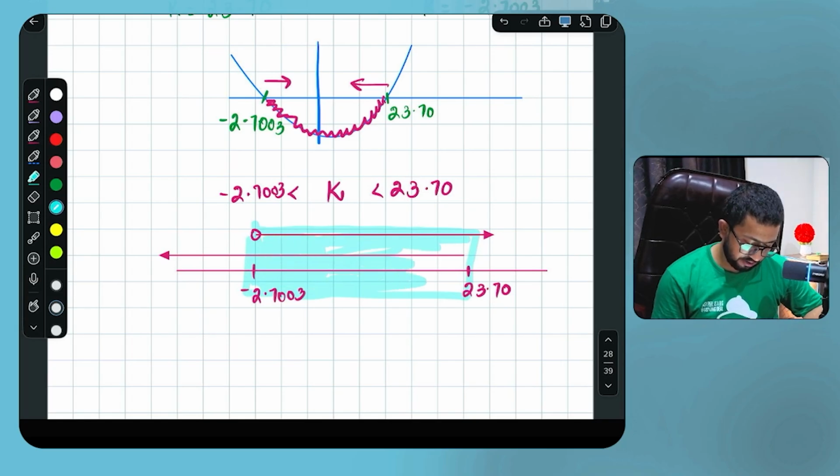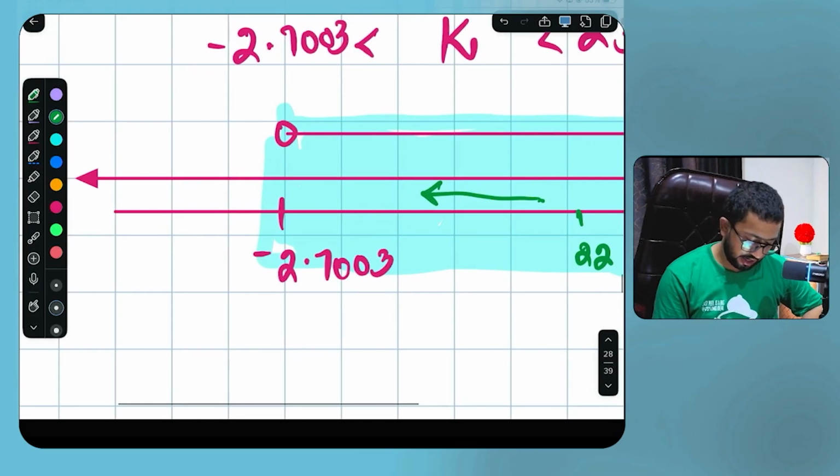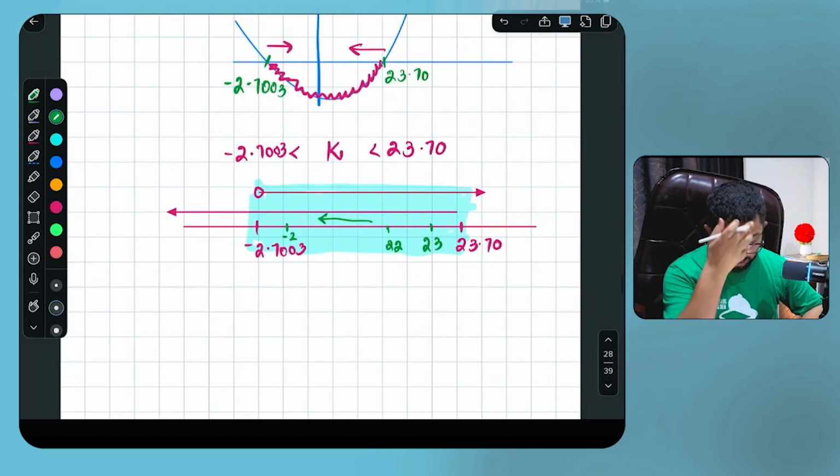For this common part, please check the greatest value of k. k is an integer. Greatest value. What will be the value over here? 23 and then 22 and then move on to the left side, exactly like this. And here the value will be minus 2 actually. So which is the greatest?